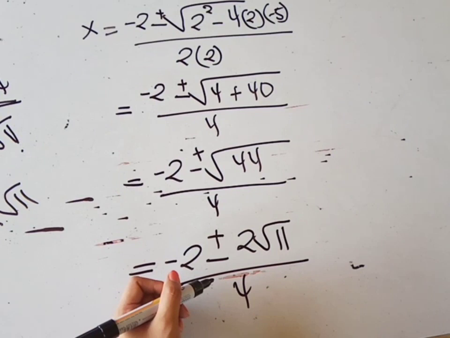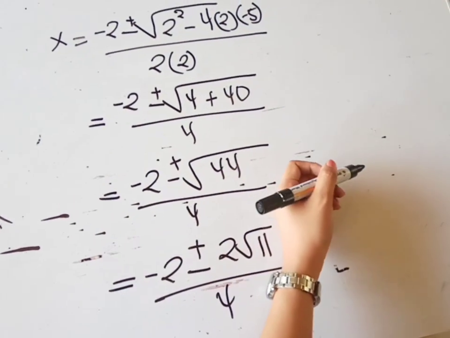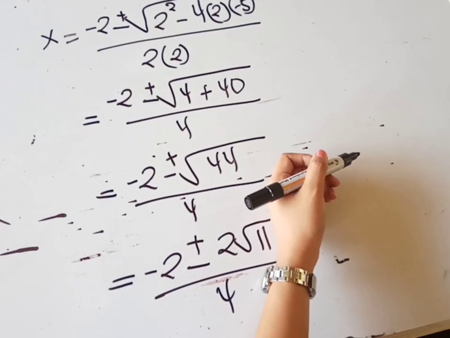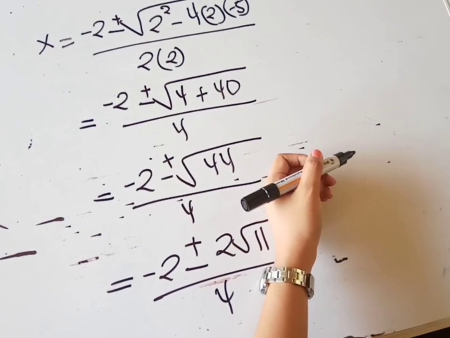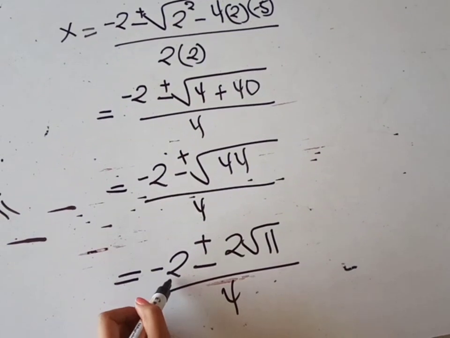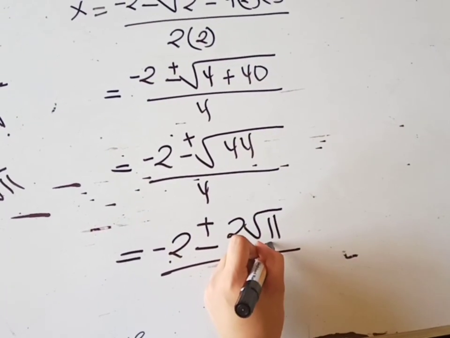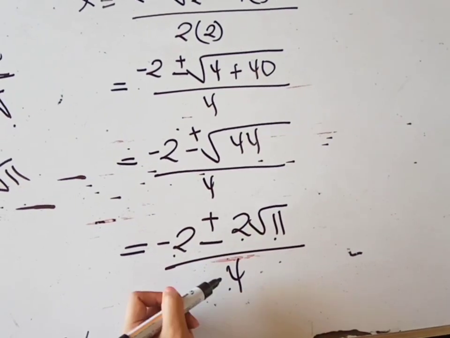And last but not least, we need to move on to our last step: checking whether all the terms have something in common. We have three terms: the negative 2, the 2 square root of 11, and the 4.